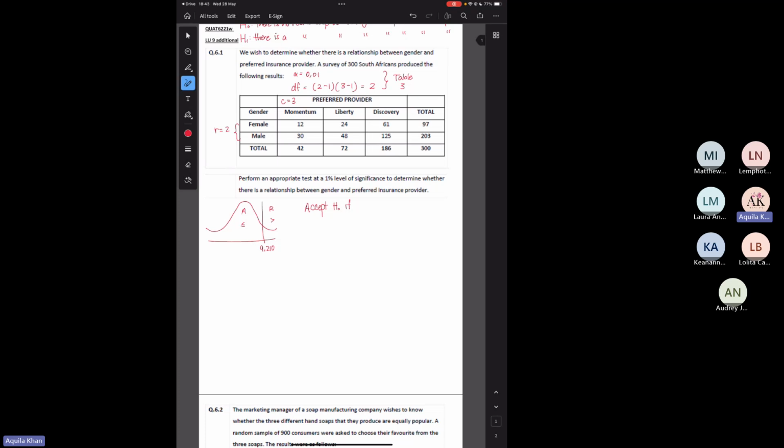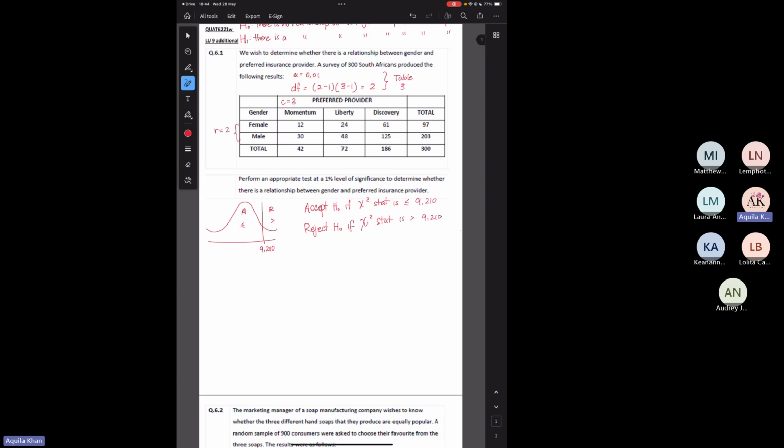So you'll say accept the null hypothesis if the chi-squared statistic is, and remember your acceptance region is here, it is everything less than or equal to the 9.210, and you will reject the null hypothesis if the chi-squared statistic is in the opposite direction, so if it is greater than 9.210.